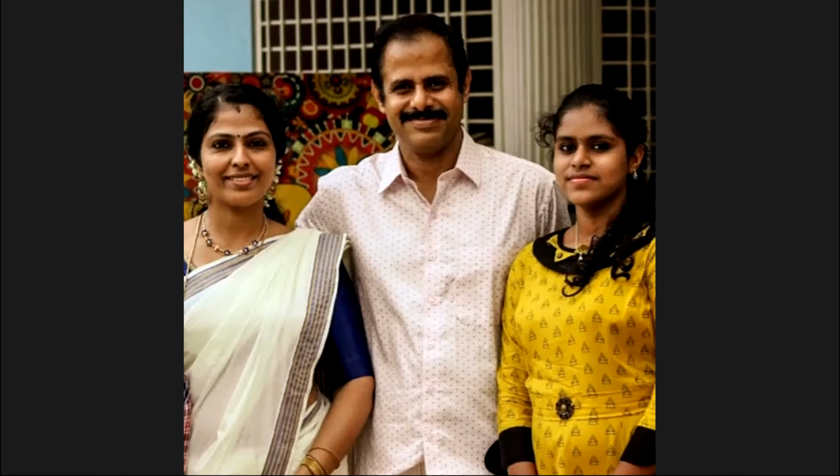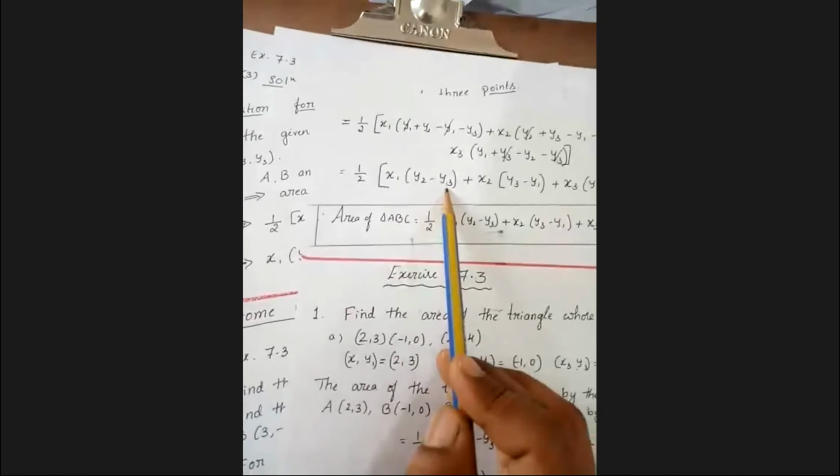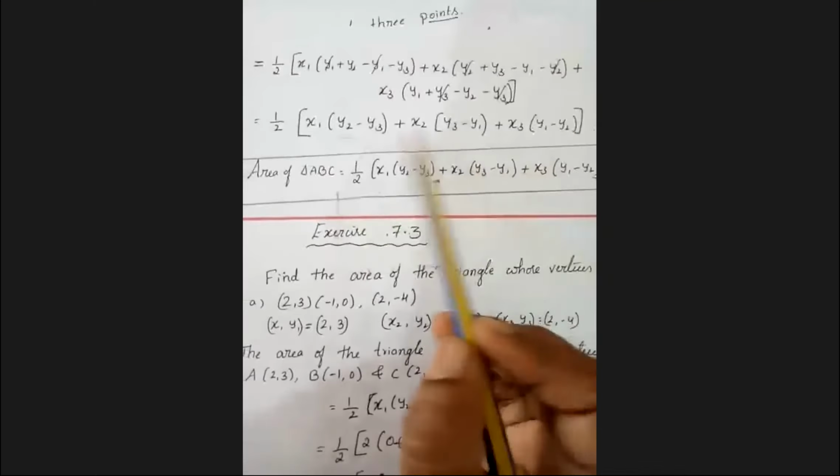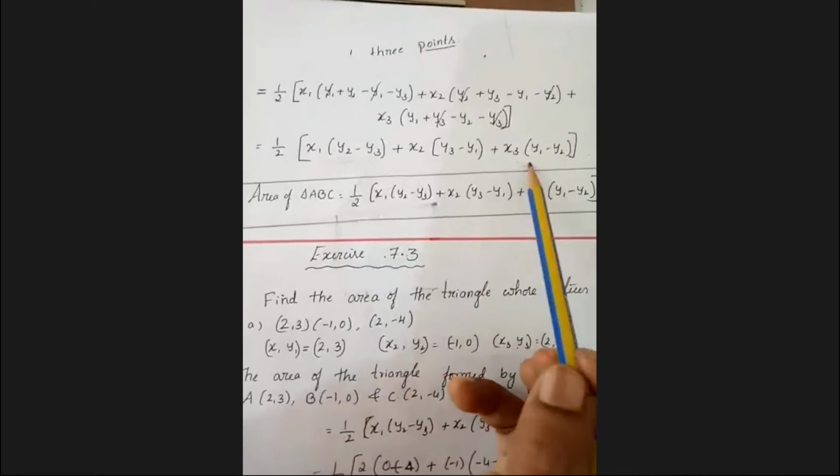Here x1, y2, here minus x1, y3. If I take out x1 common, I am getting y2 minus y3. Am I clear, children? I am taking common out. That's it. I am correcting whichever is remaining. Am I clear?